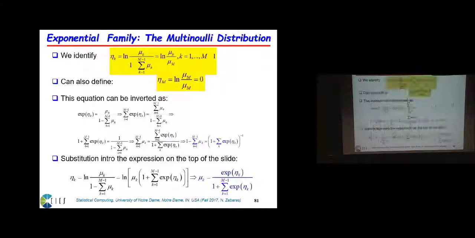And when you do that, with some trivial algebra, it comes up that eta k, for k from 1 to M minus 1, is given by ln of mu k over mu capital M, where you have defined mu capital M to be 1 minus the summation from k equals 1 to M minus 1 of mu k.